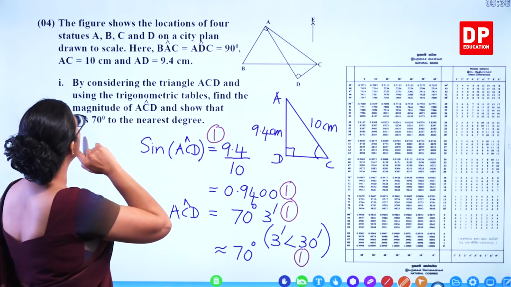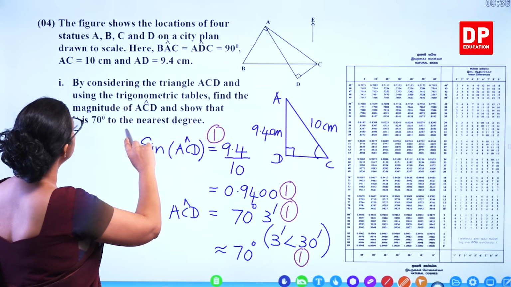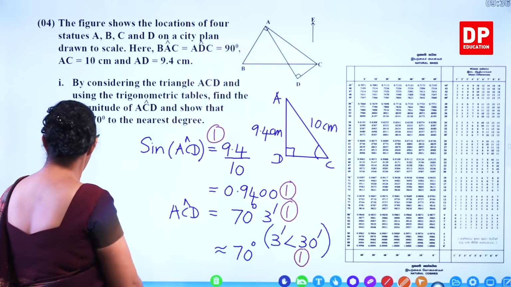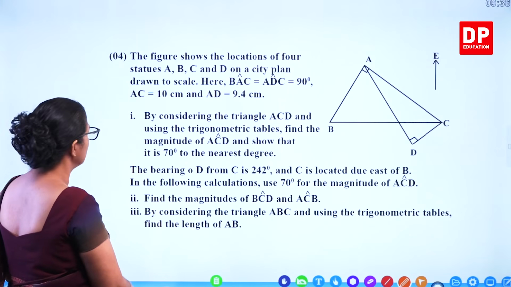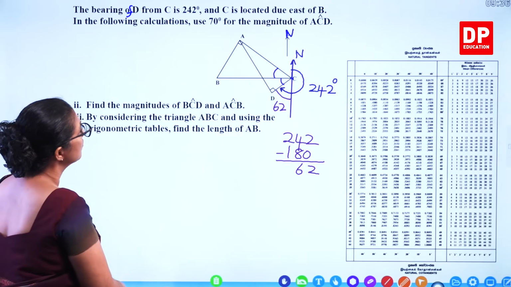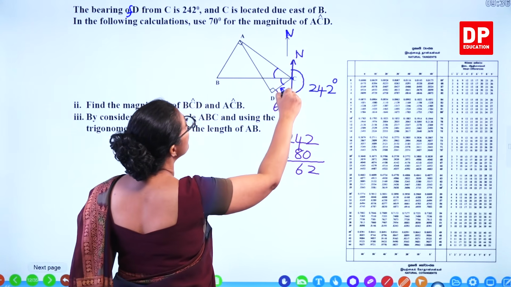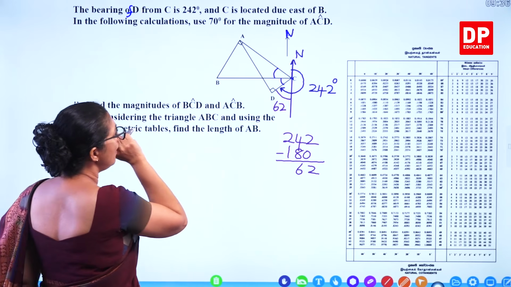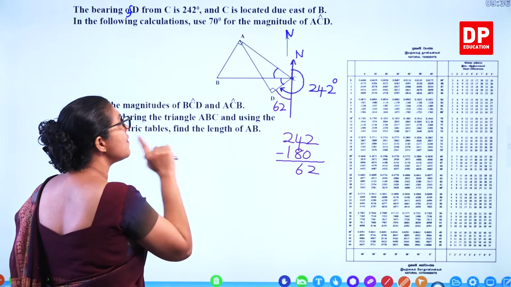The figure shows the location of 4 statues and the triangle ACD. So nothing is mentioned about this length. So here to here, this is the north, and we found out previously 70 degrees.